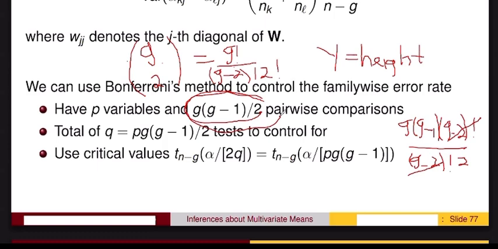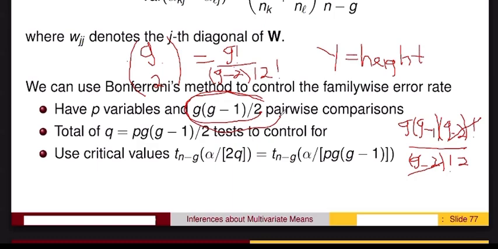And let me tell you this. If the number of groups is large, the number of pairwise comparisons is going to be large, which means you're going to have so many tests. And if you do that one at a time, the probability of type 1 error will be exceeded.